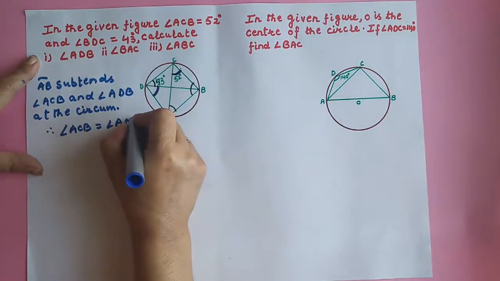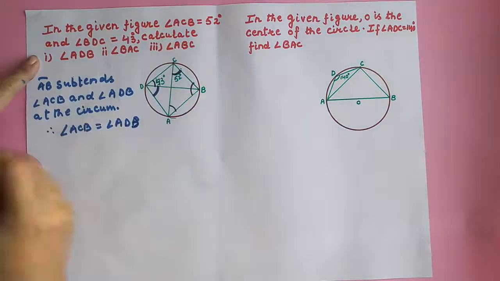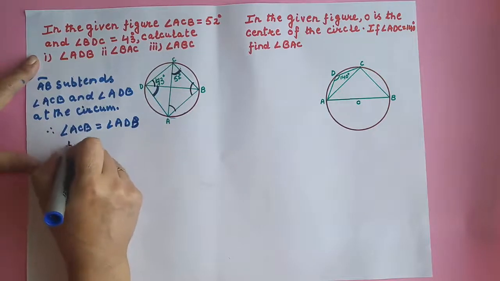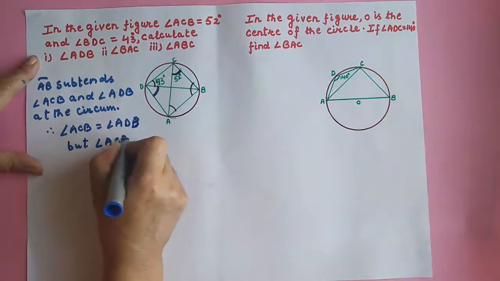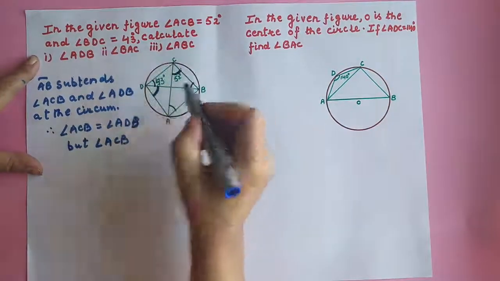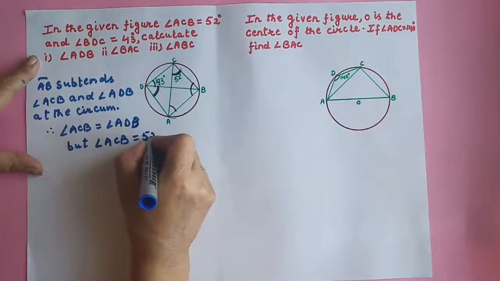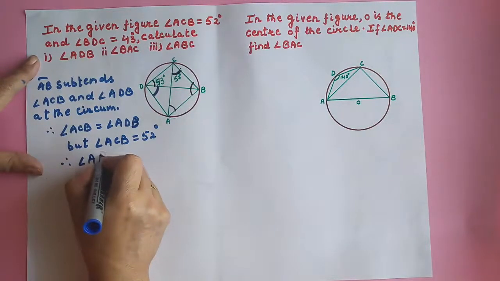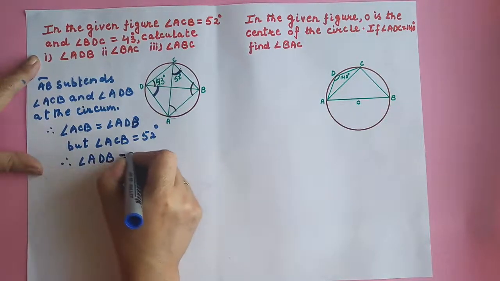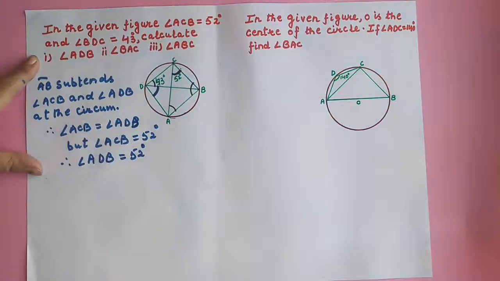So this is ADB. But our angle ACB is 52 degrees. Therefore, angle ADB will also be 52 degrees. Right? We have found the first part of the question.